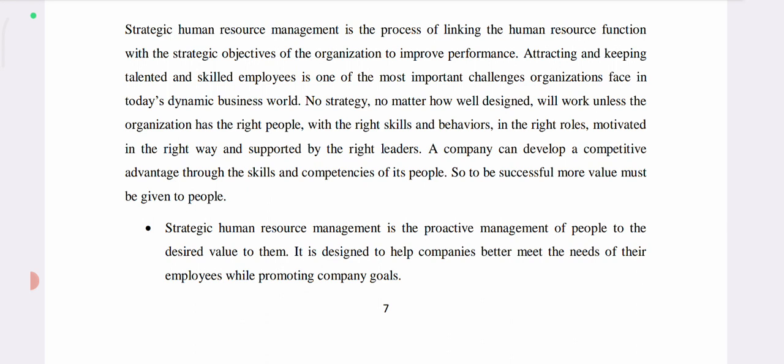To be successful, more value must be given to people. Strategic human resource management began to value the employees who were working there, and those employees were designed to help the organization.